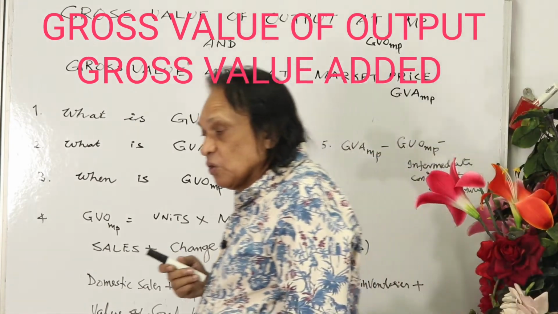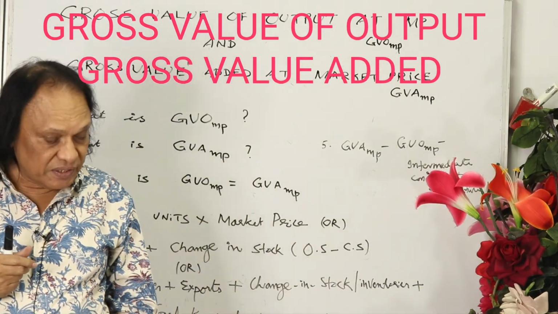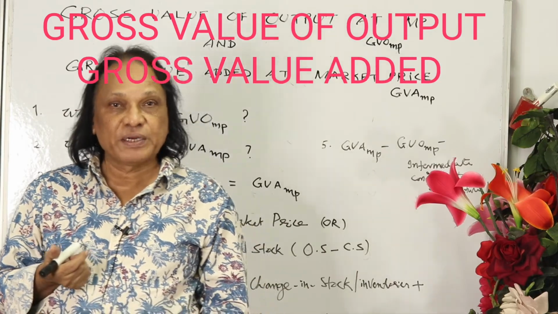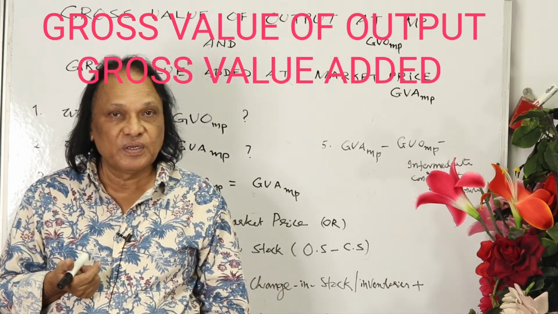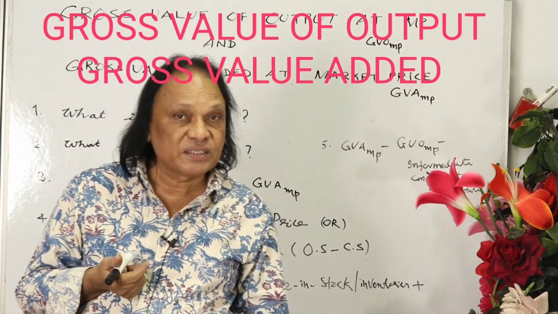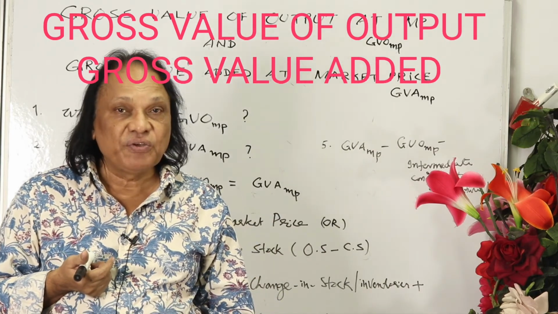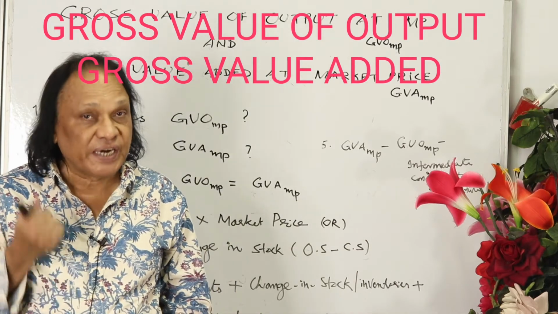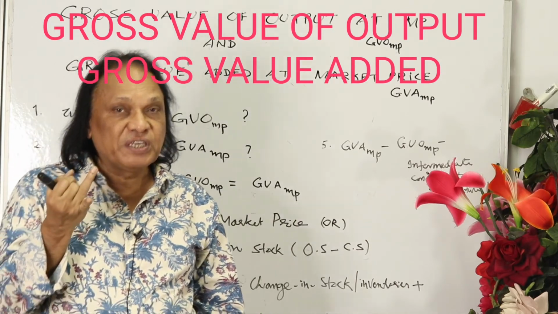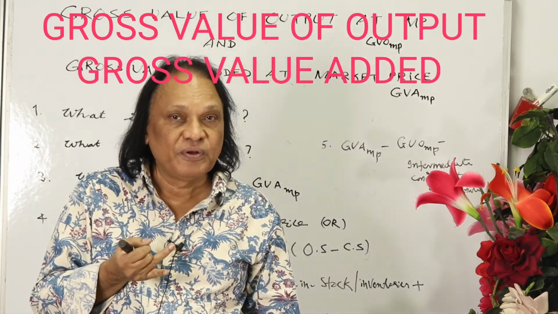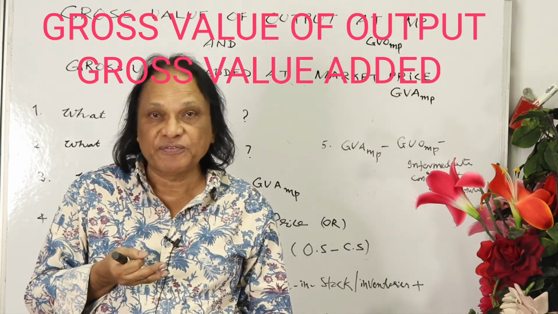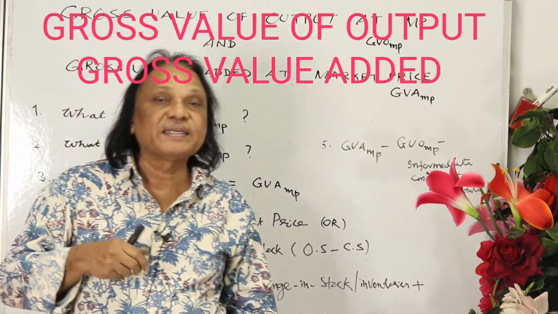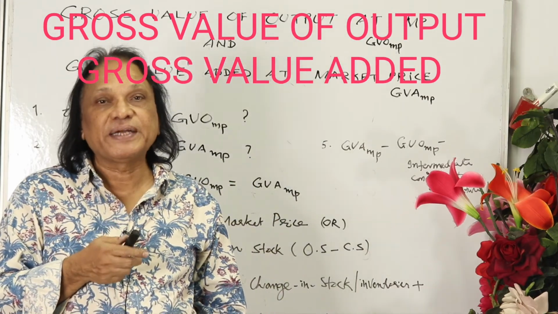Let's start with what exactly is gross value of output at market price. We call it GVO at MP. G stands for gross, V stands for value of, O stands for output, MP stands for market price.